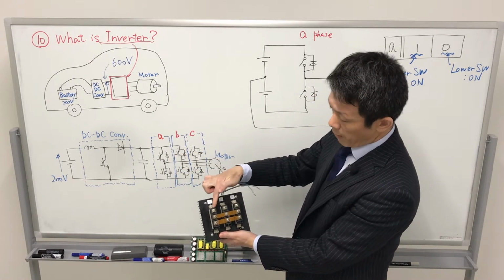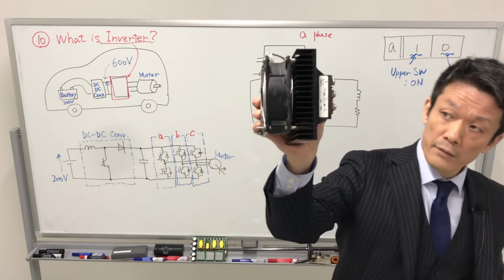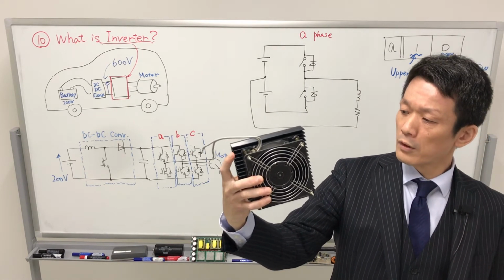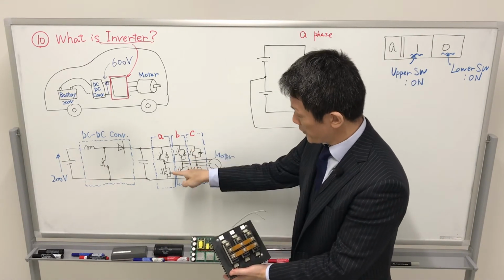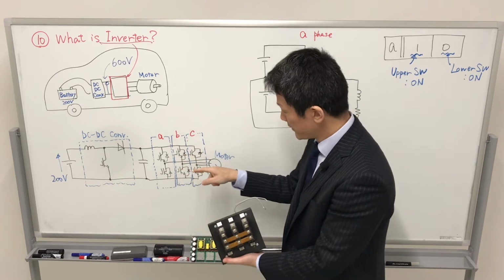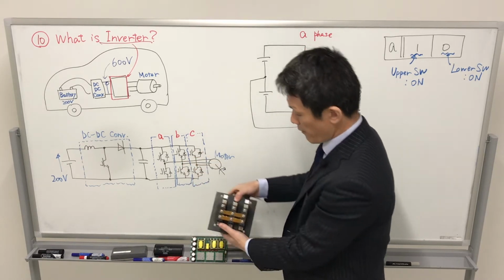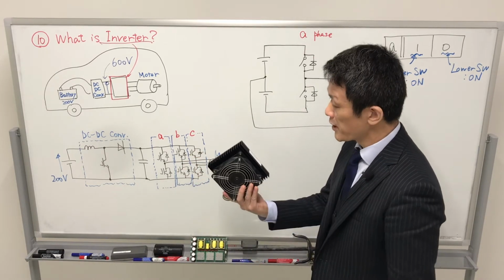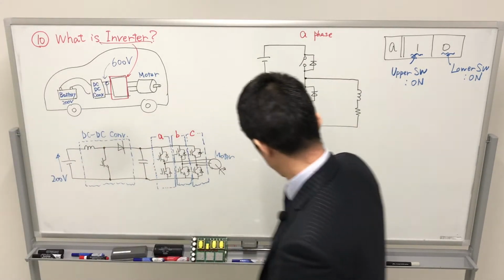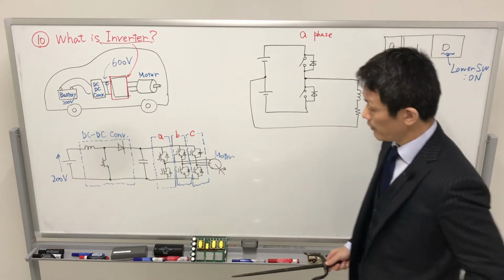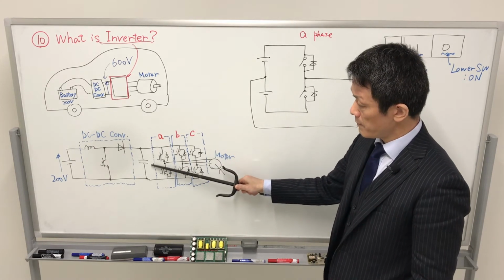Each switch power module includes two switches here, and diodes. Usually for the three phase, three MOSFET or IGBT modules are included like this, series connected for the DC side.